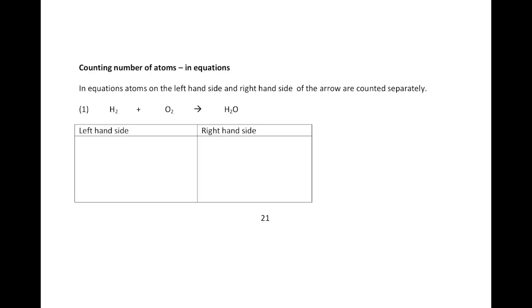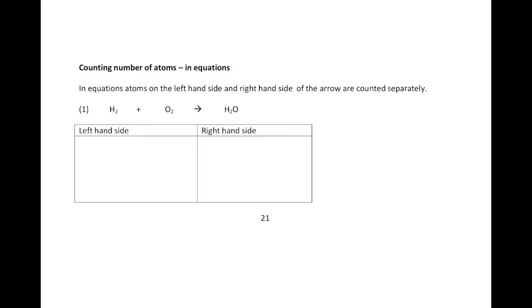Now, there are a couple of rules that you need to respect when you're balancing equations. You will never change the numbers that are given as a subscript. These will always remain the same. And if you are balancing, you will only put numbers in front of the molecule. You will never put a number at the back, and you will never put a number at the bottom, ever.